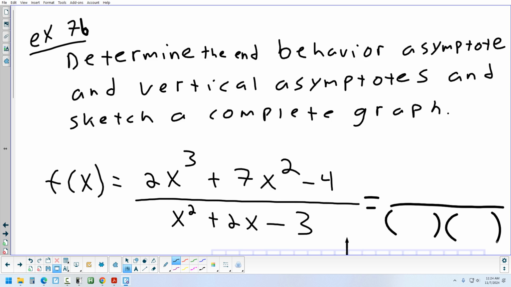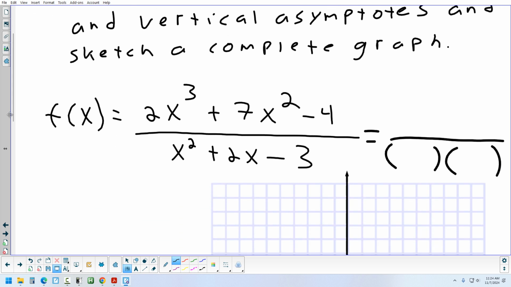And when we factor that, what's going to be the first term in each parenthesis? Yep, you're going to need an x and an x. And what about inside the parentheses? You have a positive in the middle, and you have a negative for your constant. Minus and plus. You're going to need a minus and a plus.